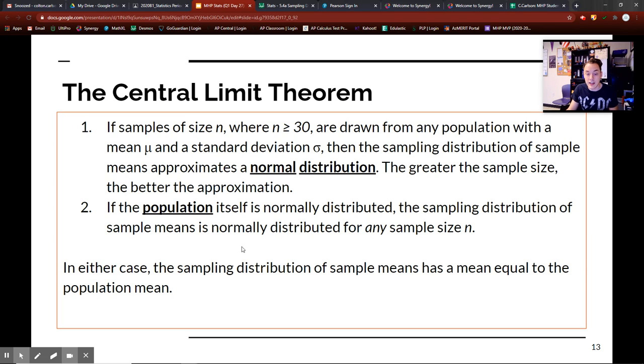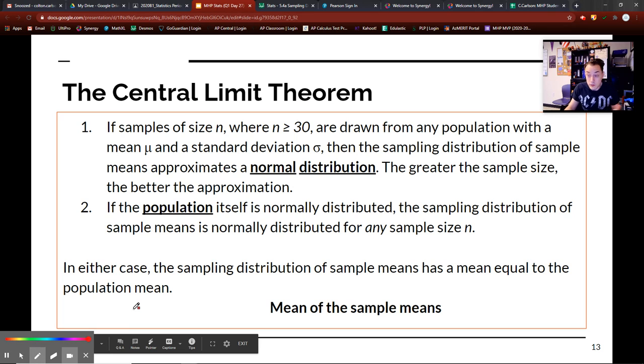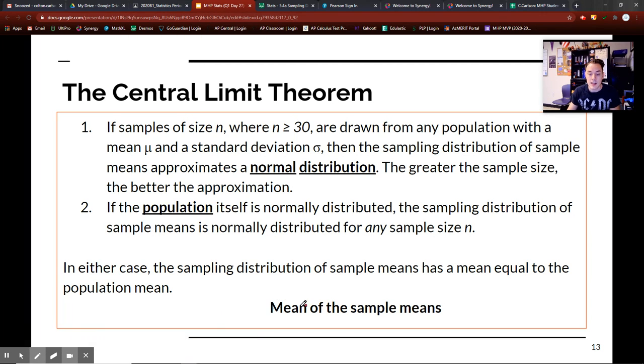So in either case, the sampling distribution of the sample means has a mean equal to the population mean. So what will that look like? Exactly what we have been doing in the last couple of slides: the mean of the sample means. What is that? It means this. Okay? This is the mean of the sample means.